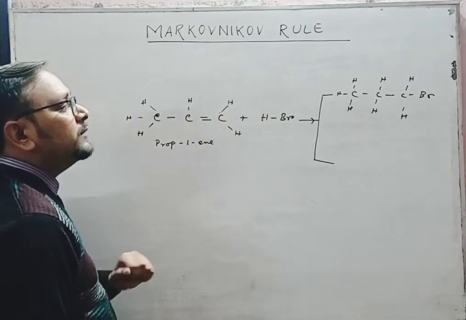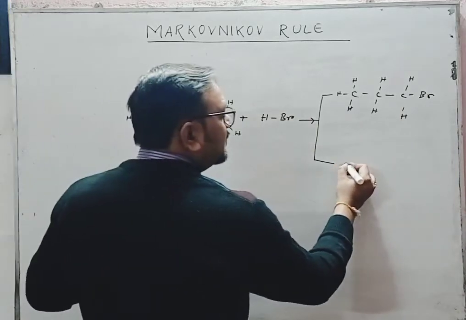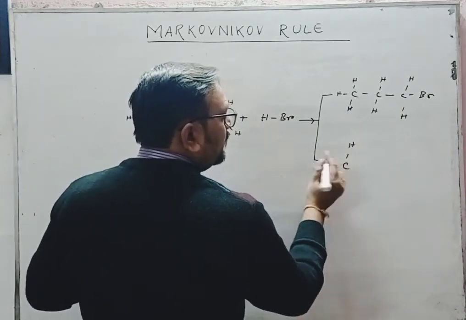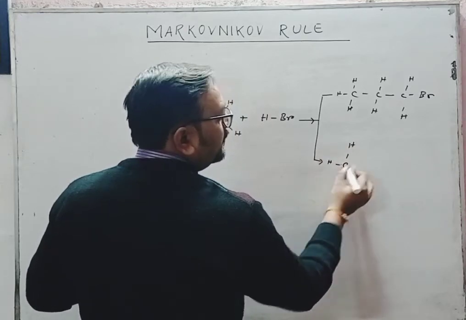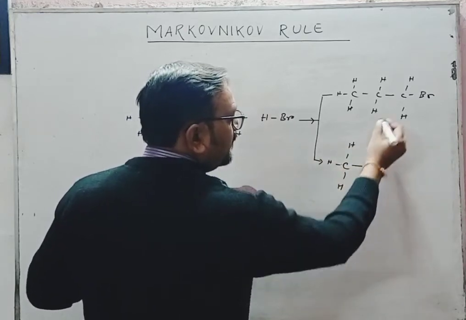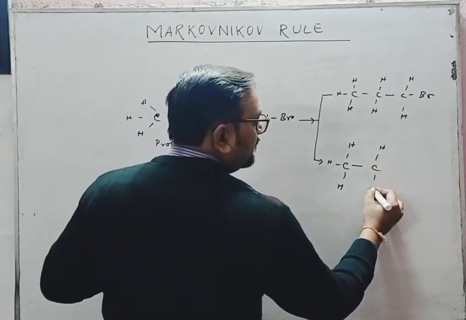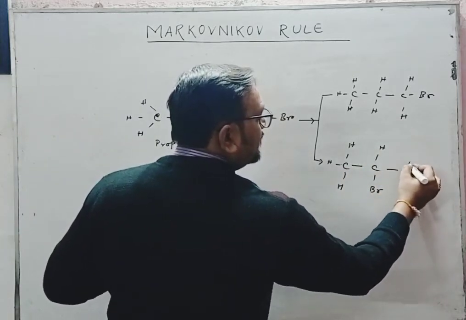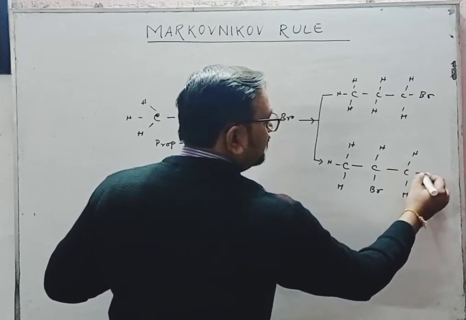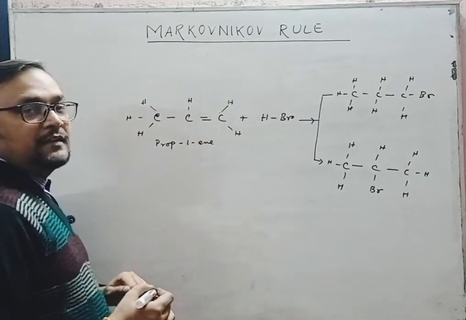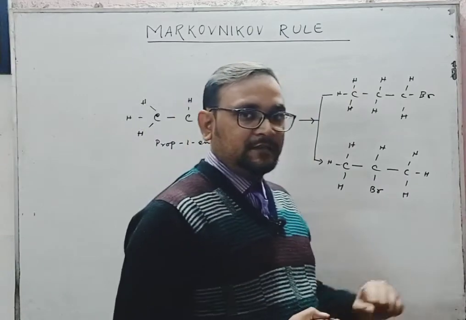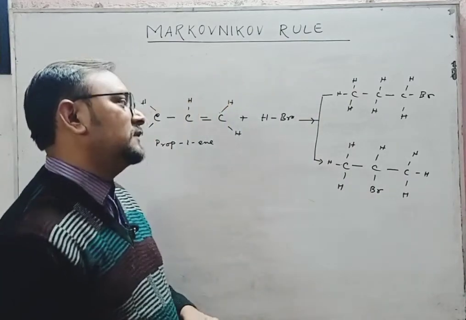So this is one possibility. Another possibility is that it can also form this type of compound as well. CH3, CH, this time this Br can get added here, Br, and then finally H. Yes, these are the two possibilities.